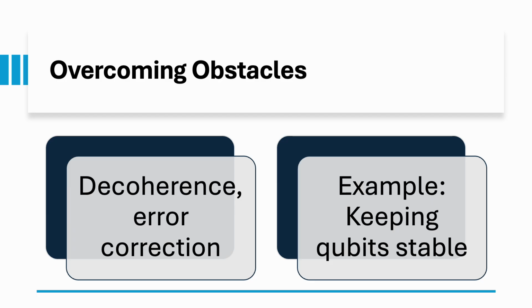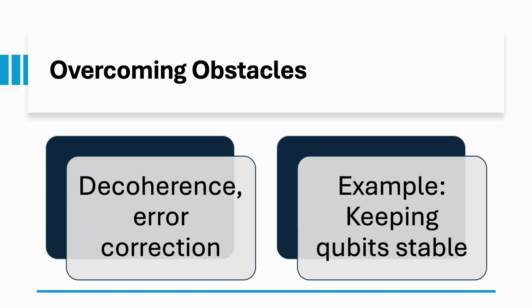It is similar to trying to balance a pencil perfectly on its tip. Theoretically possible, but the tiniest breeze, vibration, or movement will knock it over. Once decoherence happens, the quantum computer loses its computational advantage and starts making errors.